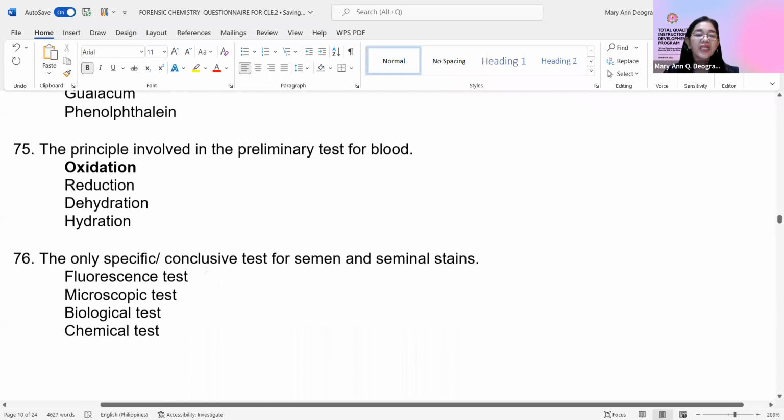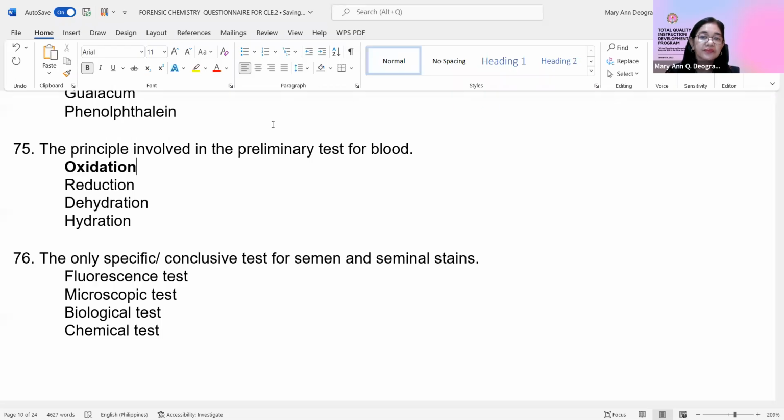Alright. The only specific or conclusive test for semen and seminal stains, alin sa apat? It's microscopic examination. Why microscopic? Because it is the one which determines the presence of spermatozoa.